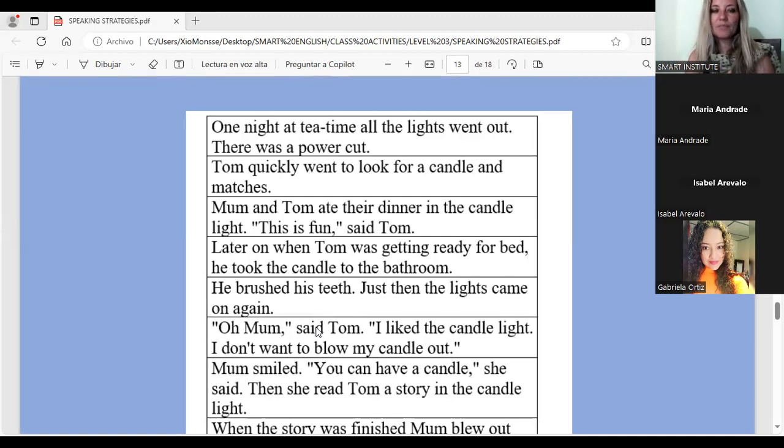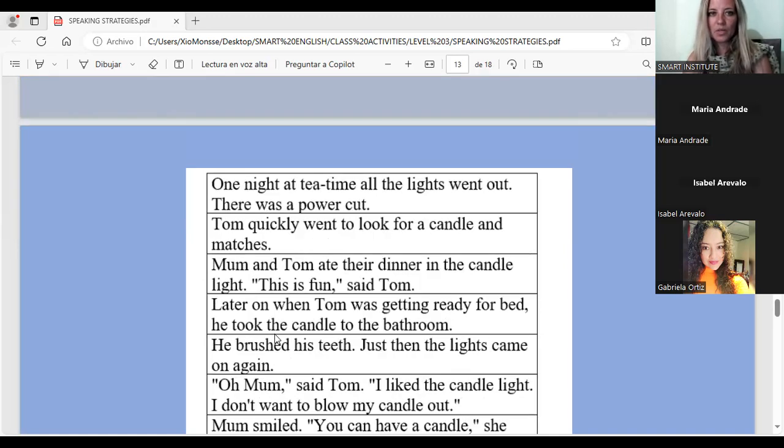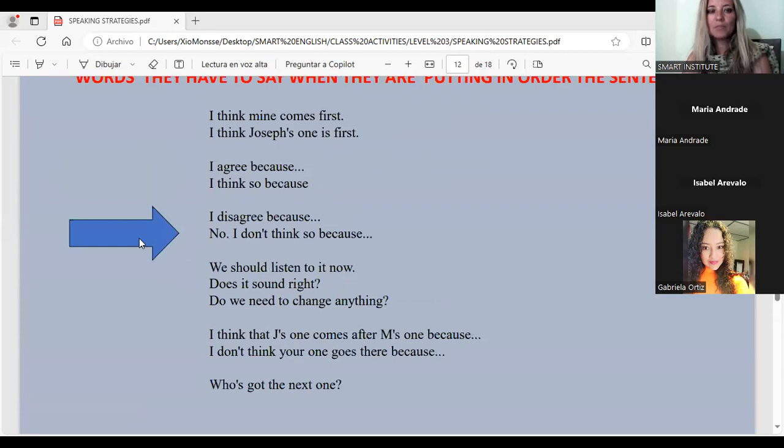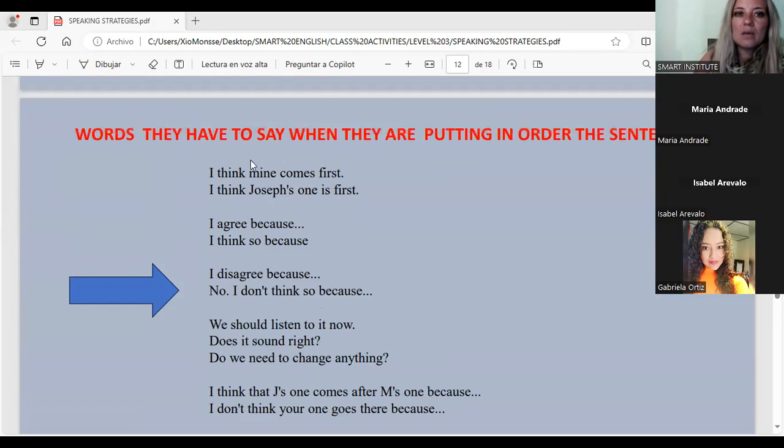And they have to put the story in order, but you have to give them instructions, words that they have to say when they are putting the sentences in order.